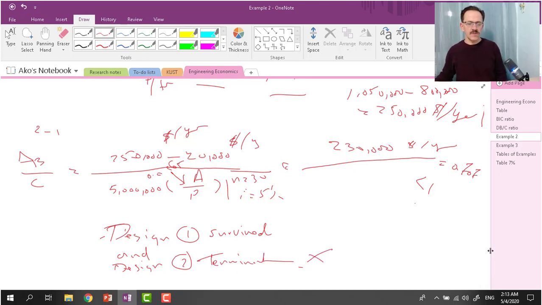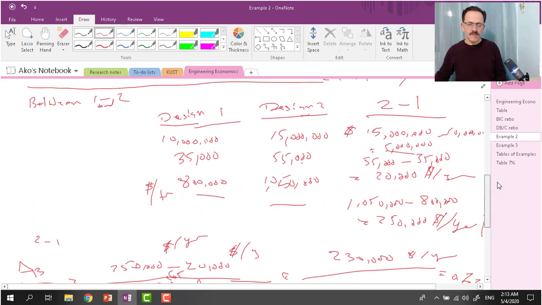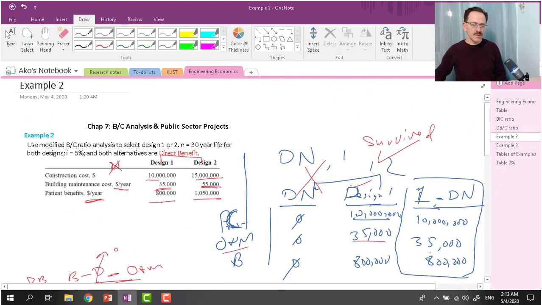So we have to stop with the second; the winner in this example is design 1, and this will be terminated. And that gives you an indication that with big projects, even if you have a greater revenue, you have to be aware.